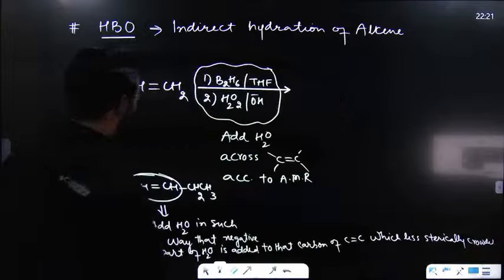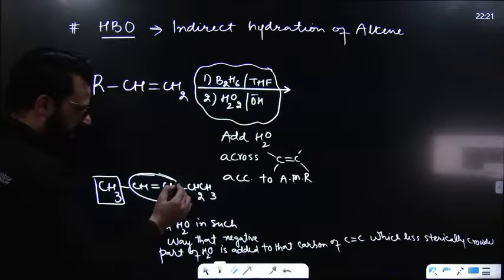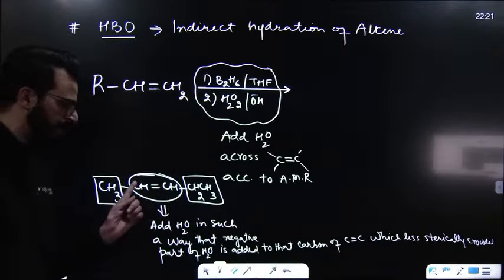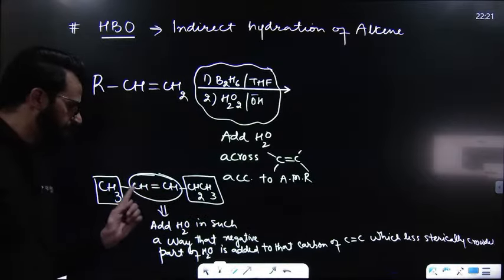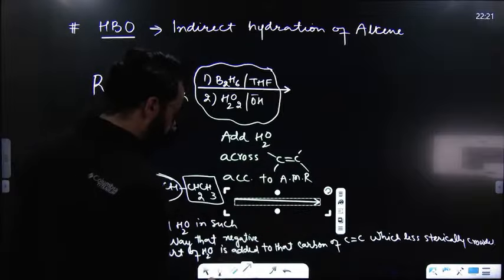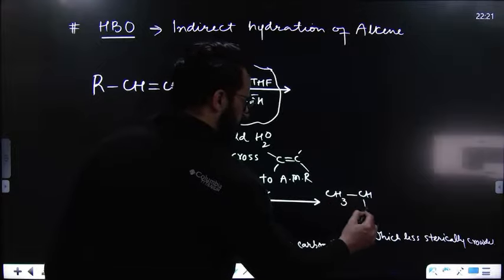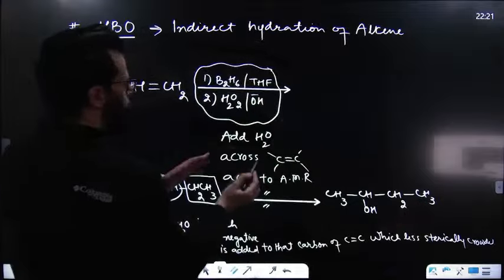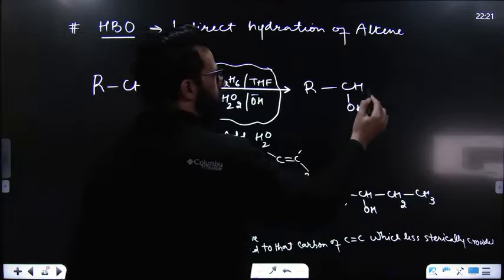What is meant by that? That means this has CH3, a smaller alkyl group, but this carbon has a larger alkyl group. That means this is the more crowded carbon, and this is the less crowded carbon. So the major product will be, you break this pi bond, add OH here and add H here. I mean to say the same reaction will give this product, CH3CHOH as major product, single bond CH2, single bond CH3. But here you can use this one, you can write down RCHOH and then CH3.